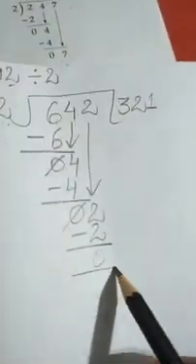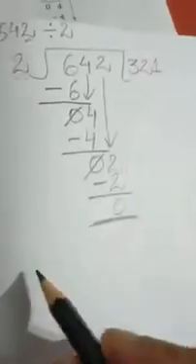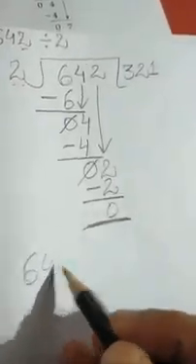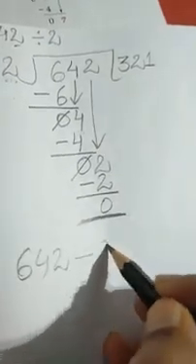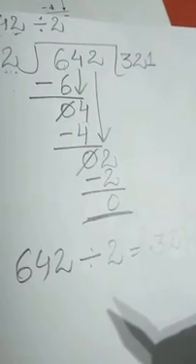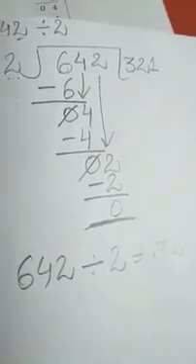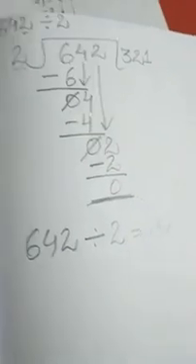Now our division is over, so we will draw the ending line. Yes, now what is the answer that we get? 642 divided by 2, that is 321. Yes, after that I will tell you H part.